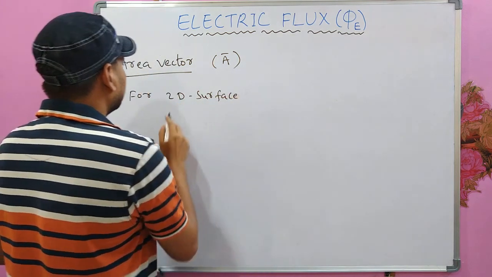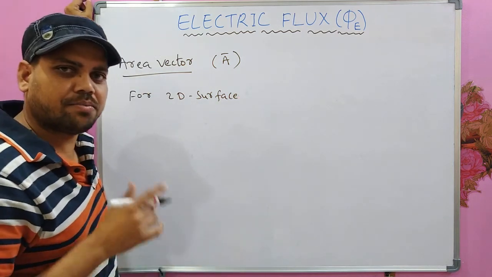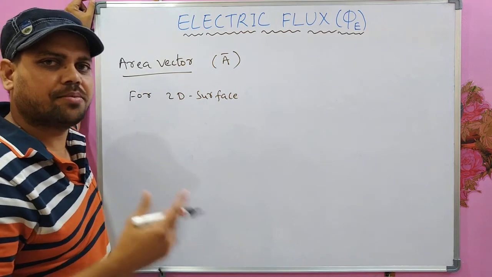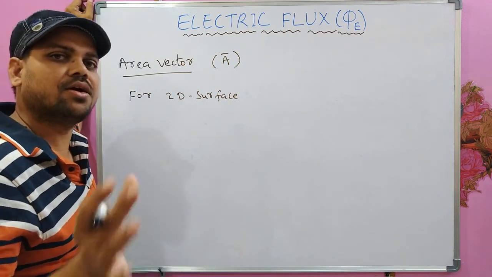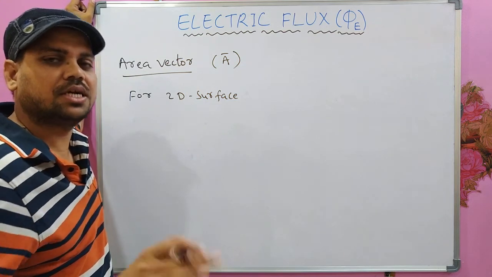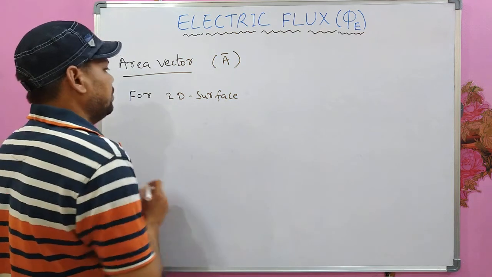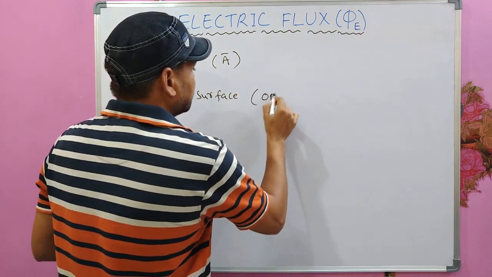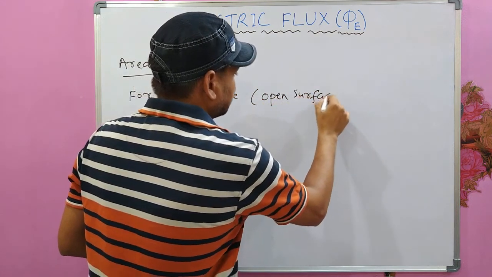Because area is a vector which has direction, it is very important to know the direction of that area vector for the object on which charge is distributed. For 2D surfaces, usually we call them open surfaces.